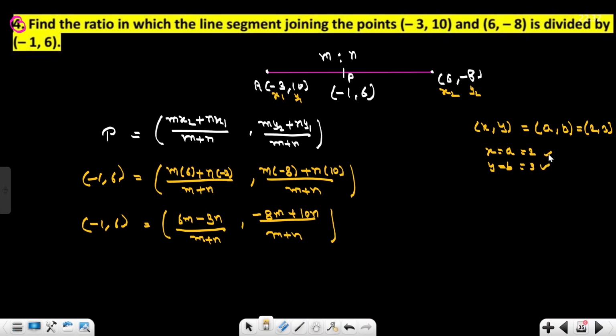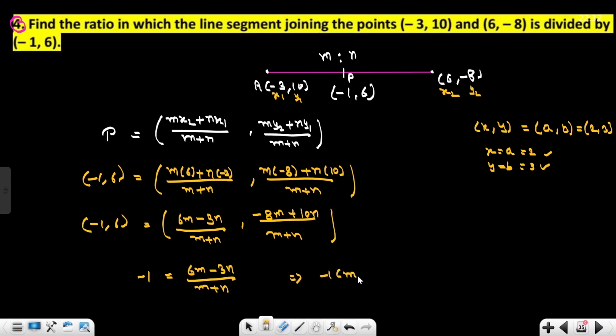That's why all are equal. Simply, we take the x coordinate: -1 is equal to (6m minus 3n) divided by m plus n. Change the denominator side.